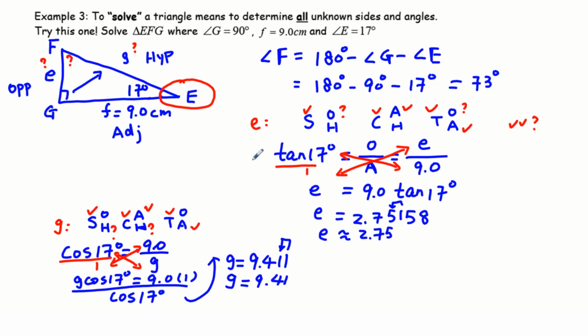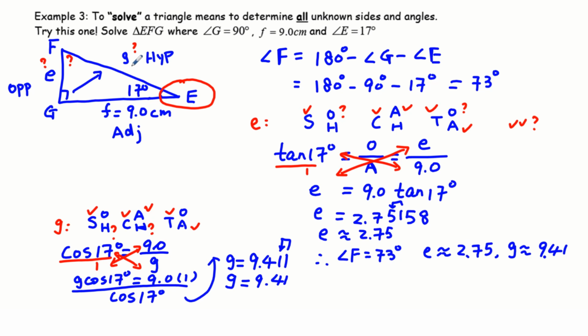So we have all these three unknowns solved. Angle F is 73 degrees, side E is 2.75, and G is 9.41. And check it, yes, it makes sense.